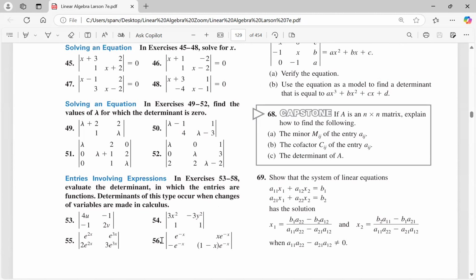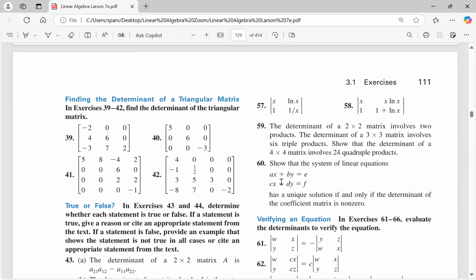And more specifically, you don't do this kind of work in Calc 1. Or Calc 2, for that matter. You usually do these in Calc 3. But let's do number 58.